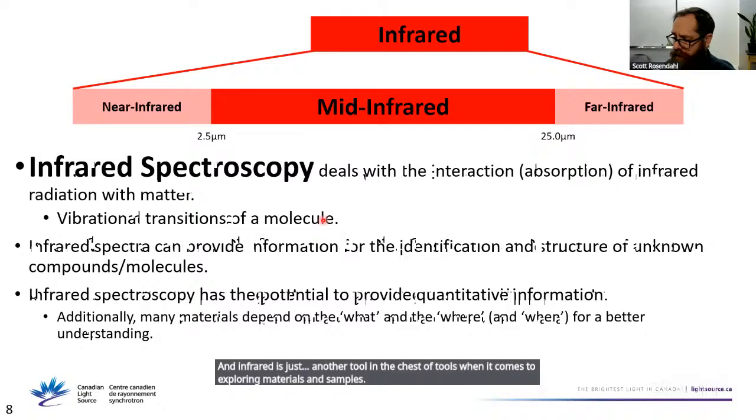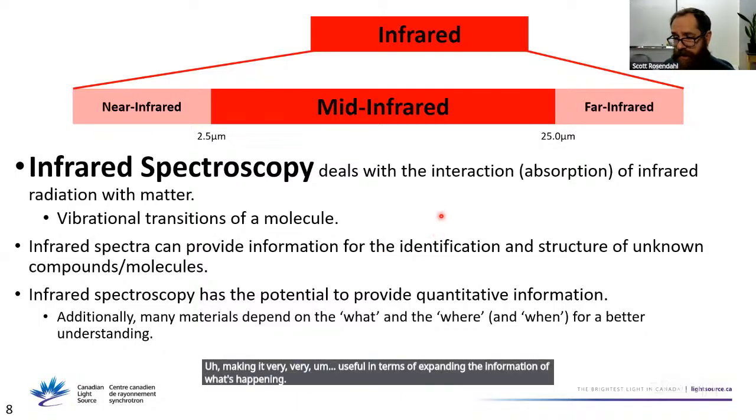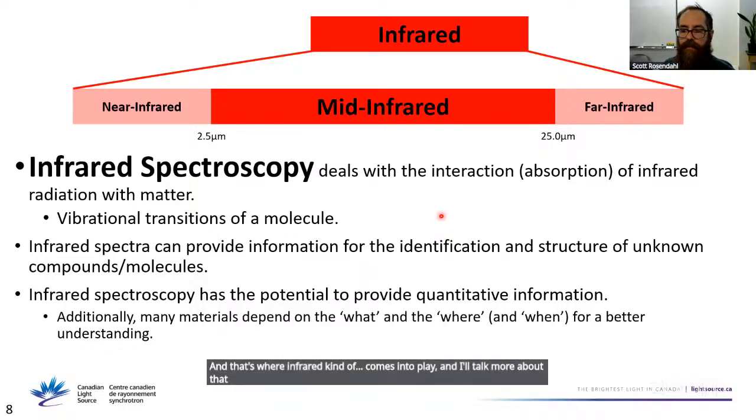And really, we're seeing a lot of multimodal activities, making it very useful in terms of expanding the information of what's happening. That's where infrared comes into play, and I'll talk more about that as we go forward here.